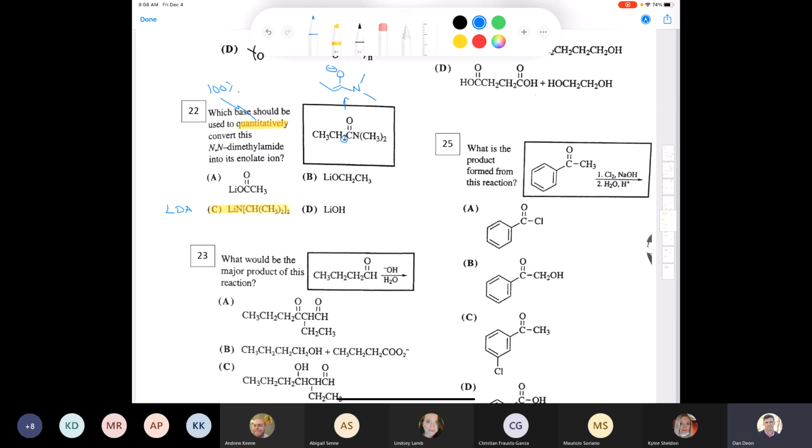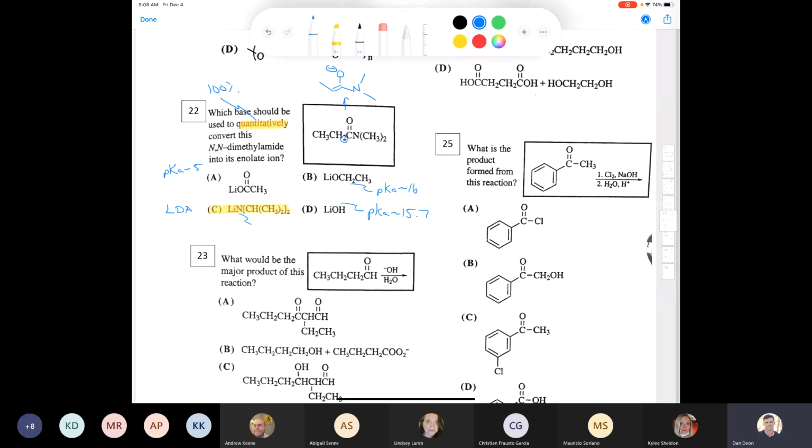Whichever one has the weakest conjugate acid is going to be the strongest base. The weaker the acid, the stronger the conjugate base. The conjugate acid of A is acetic acid, which has a pKa of around 5. The conjugate acid of ethoxide is ethanol, which has a pKa of around 16. The conjugate acid of hydroxide is water, which has a pKa of 15.7.